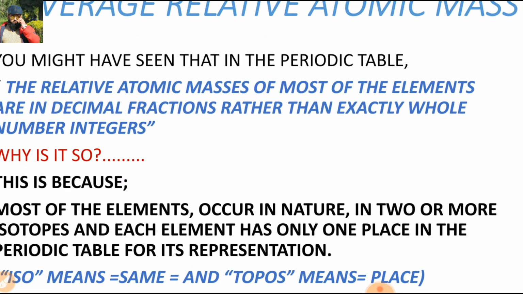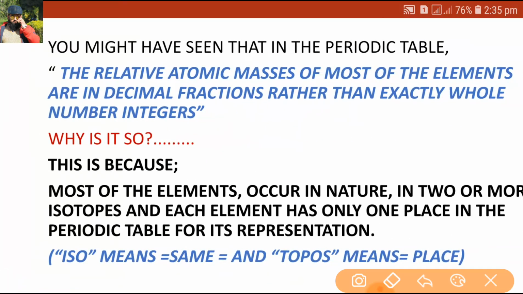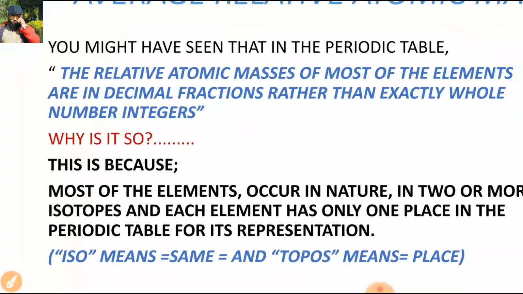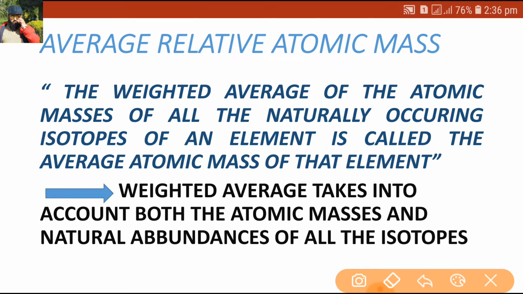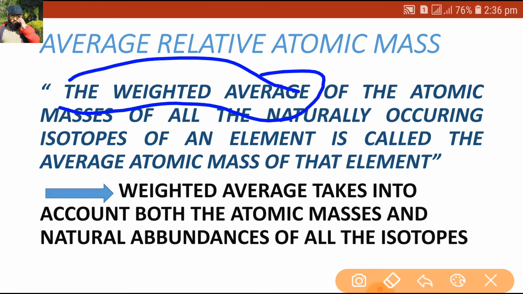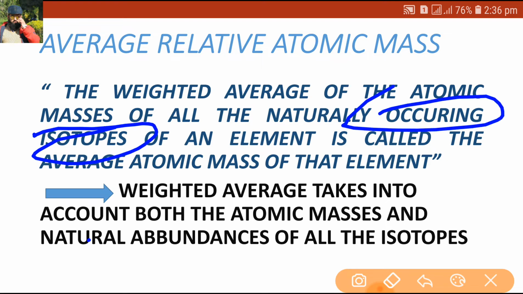The relative atomic mass is the weighted average of the atomic masses of all the naturally occurring isotopes of an element.